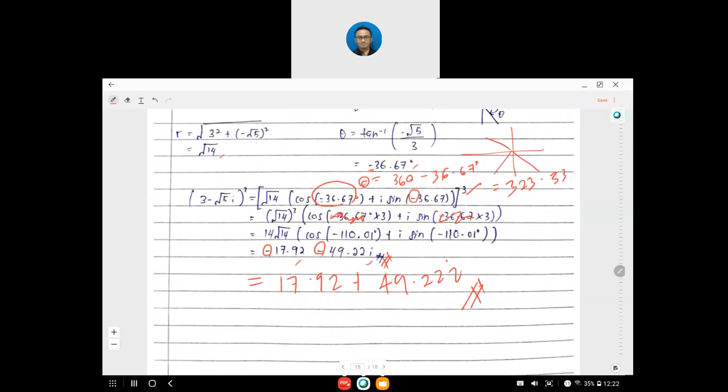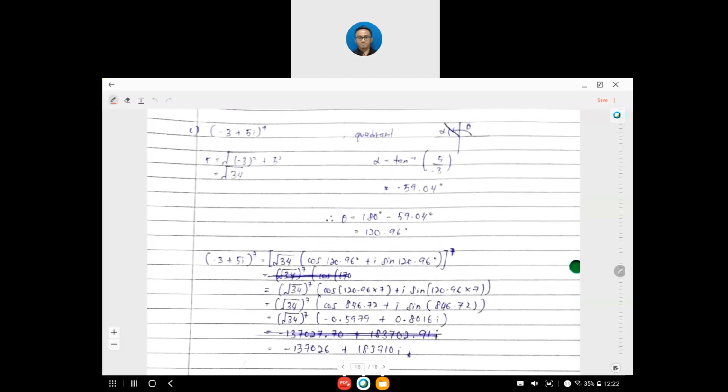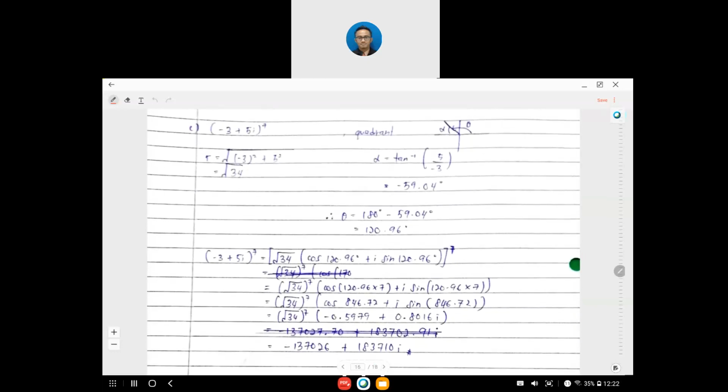Okay. Question C. (Negative 3 plus 5i) to the power of 7. So this one also same thing. Find r, you can get root 34. And when you want to find the tangent, you can get negative 59.04.